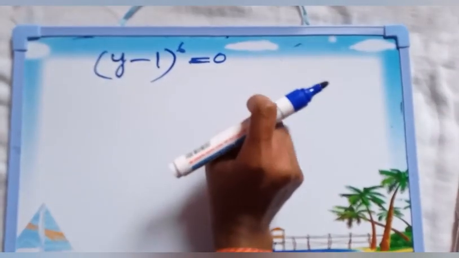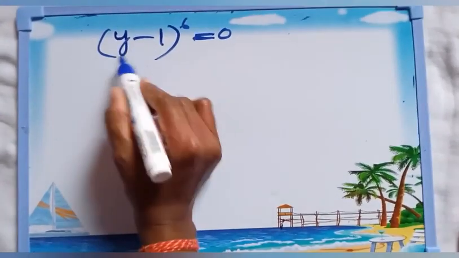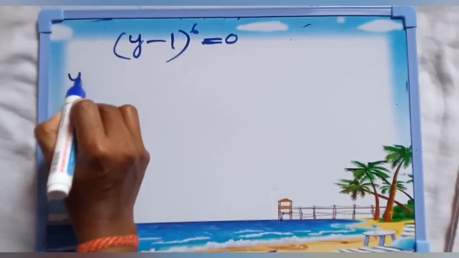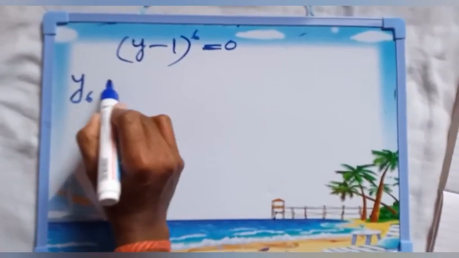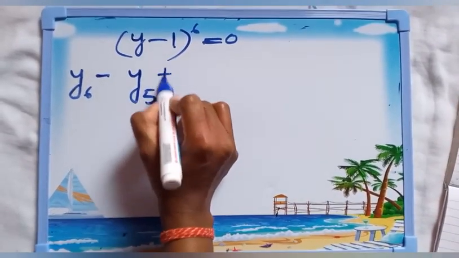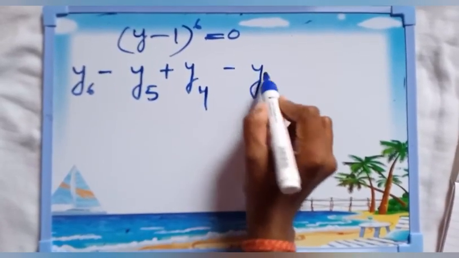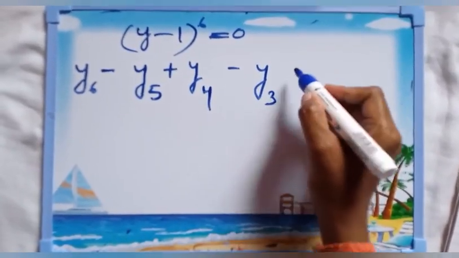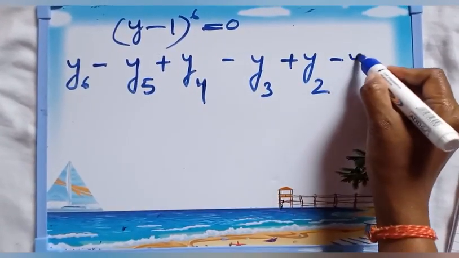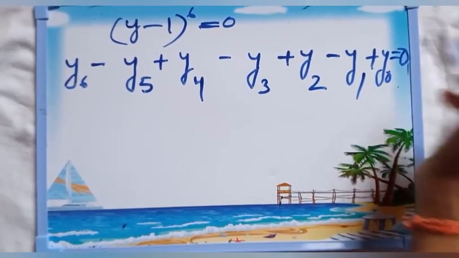Now how do we expand this formula? Because we know y to the power 6 is there, we start from y6, next minus y5, next plus y4, minus y3, plus y2, minus y1, plus y0 is equal to 0.